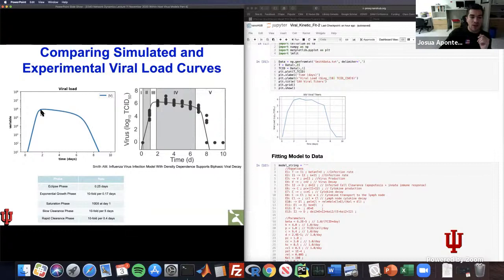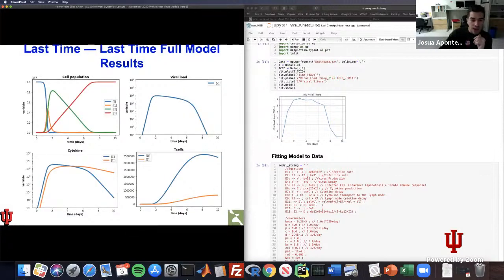Then we have the saturation and slow decay, slow clearance phase that is associated with the innate immune response, and then a rapid clearance phase that is associated with the kick in of the adaptive immune response. And if we go back, we can start seeing here, let's compare the viral load with the T cells. So here, this orange curve is the number of effector T cells in the tissue.